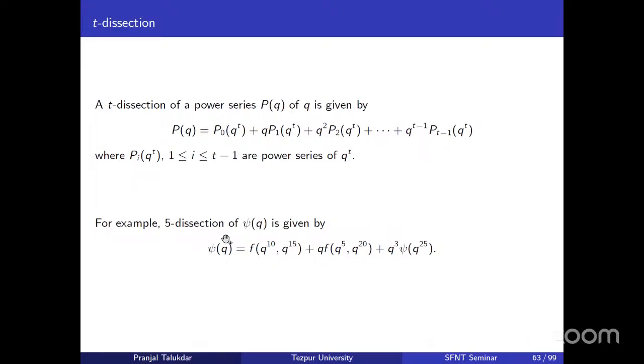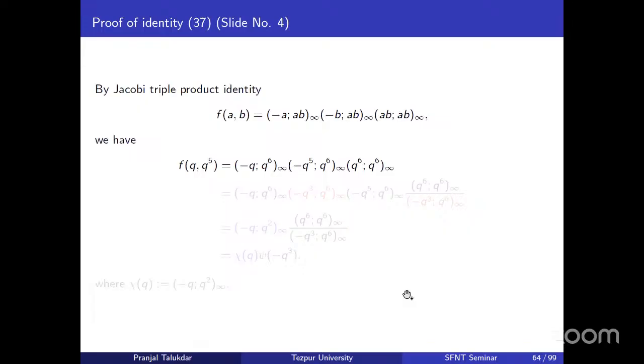So for example, a 5 dissection of psi q is given by this one. Here you observe that the left hand side is a power series in q, whereas the right hand side is a power series in q to the power 5. Next, we recall Jacobi's triple product identity, and if we put a equal to q and b equal to q to the power 5, then this identity gives us these three factors.